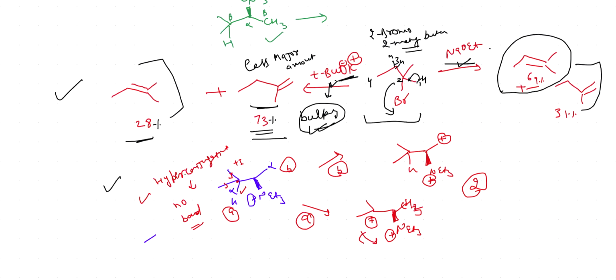If it is increasing the electron density on this carbon, then it is difficult to abstract the H positive here because this carbon already has more electron density. If it has more electron density, it will not bear any more negative charge. Otherwise, it will feel destabilized due to more negative charge.